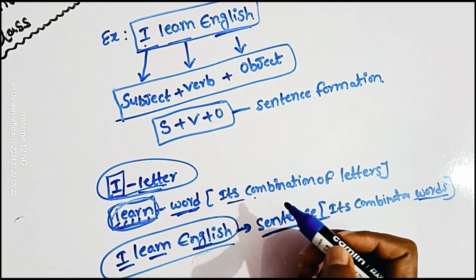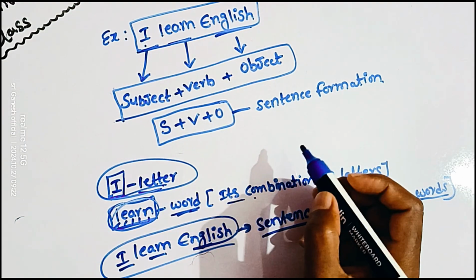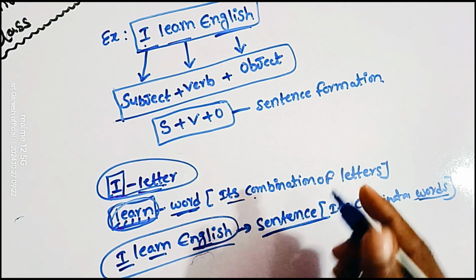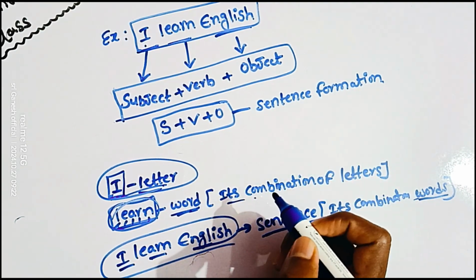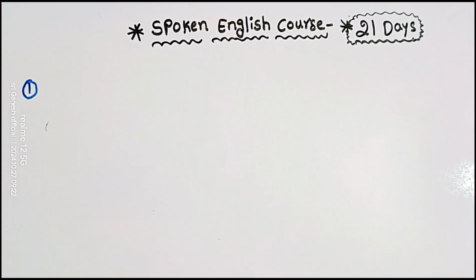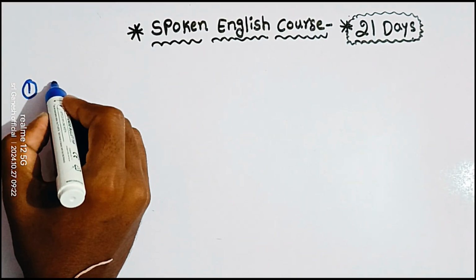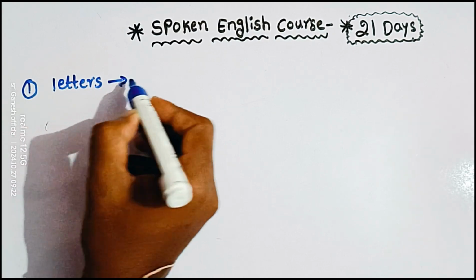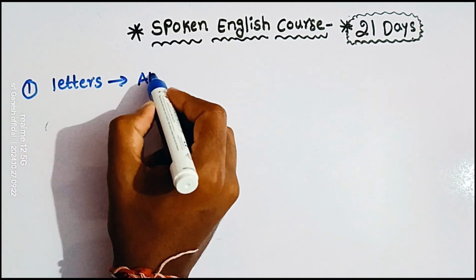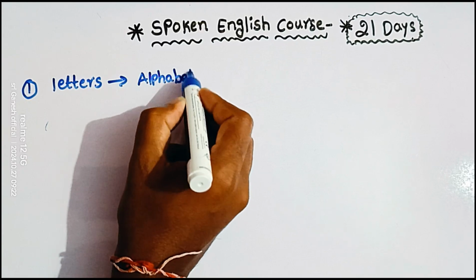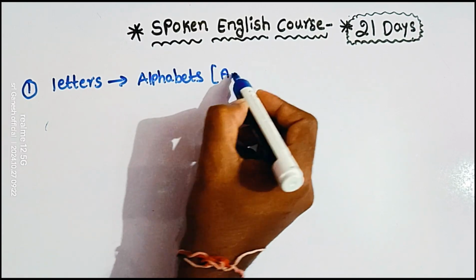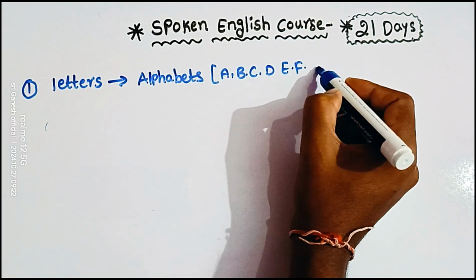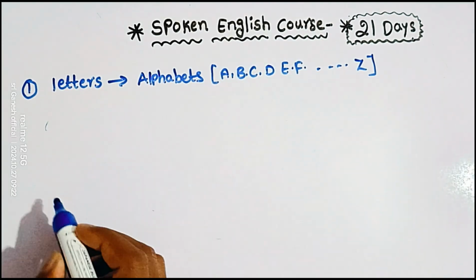So in this spoken English course, first we learn letters. Letters are like alphabets: A, B, C, D, E, F, Z. These are the letters.